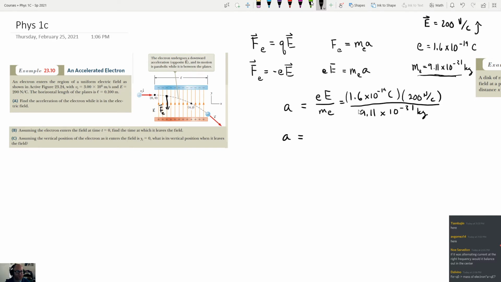What do you get if you calculate this right here? 3.51 times 10 to the 13. Yeah, that's what I got as well. We'll write 3.51, I guess. So that is a massive acceleration.